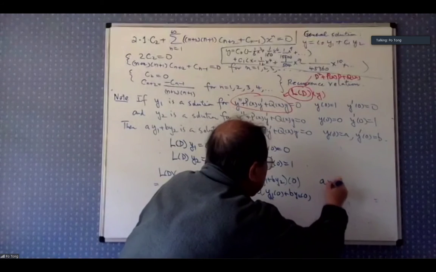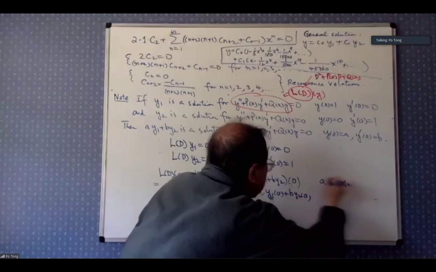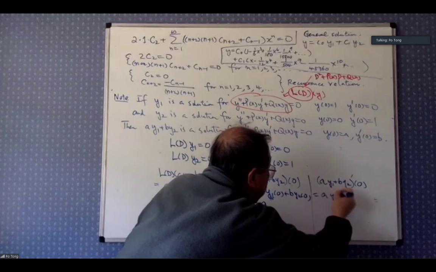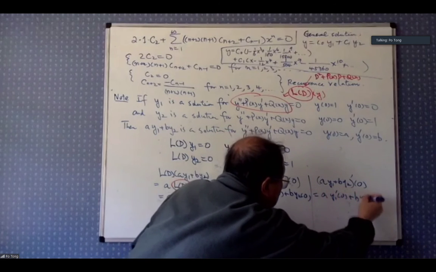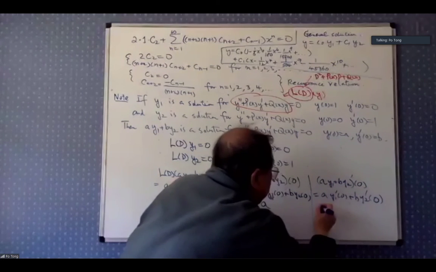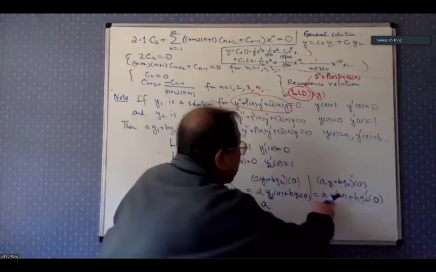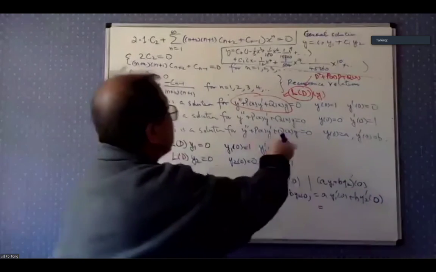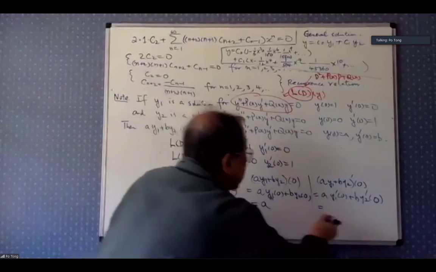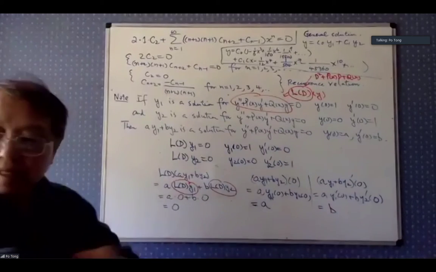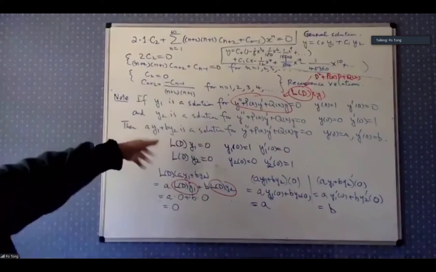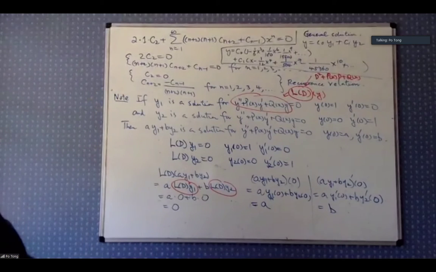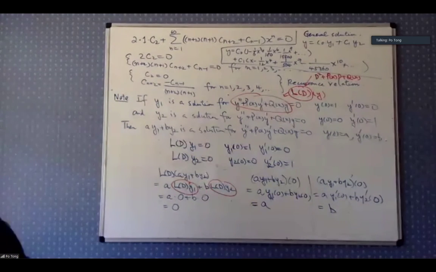For the other one, the derivative at 0 will be A y1'(0) plus B y2'(0). y1'(0) is 0 and the other one is 1, so this is equal to B. So it does satisfy the initial condition. All this is saying is that it's because of linearity that we have this result.